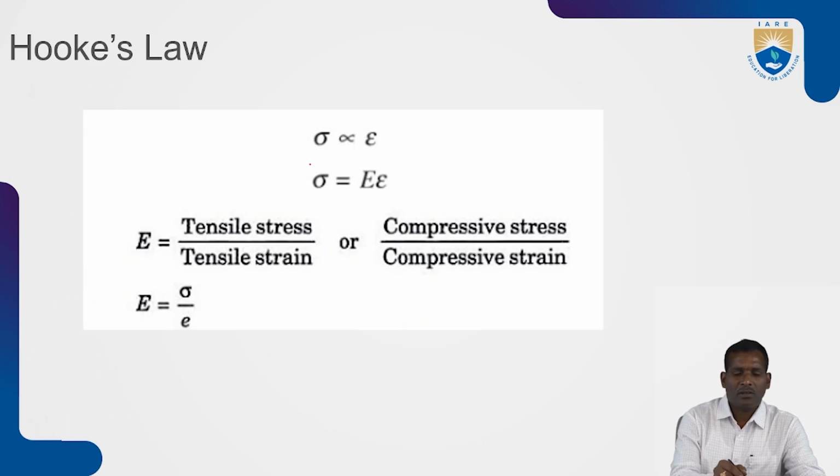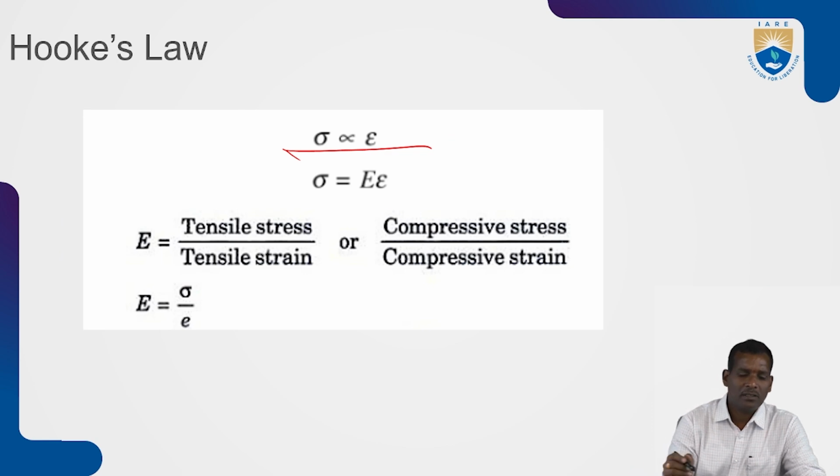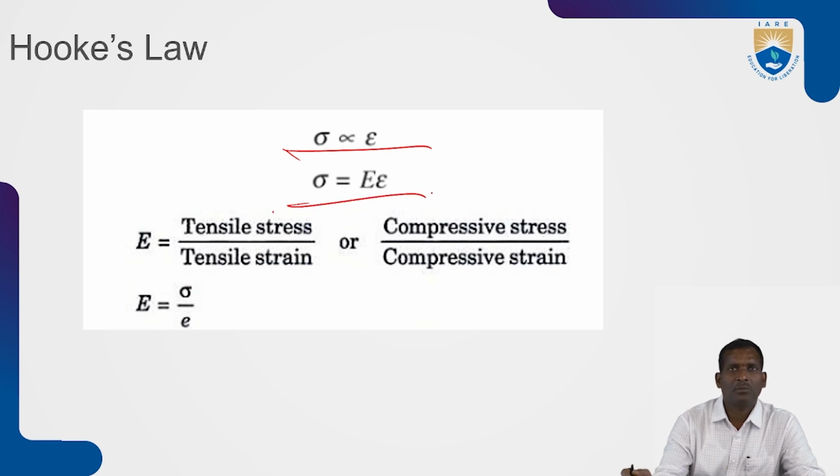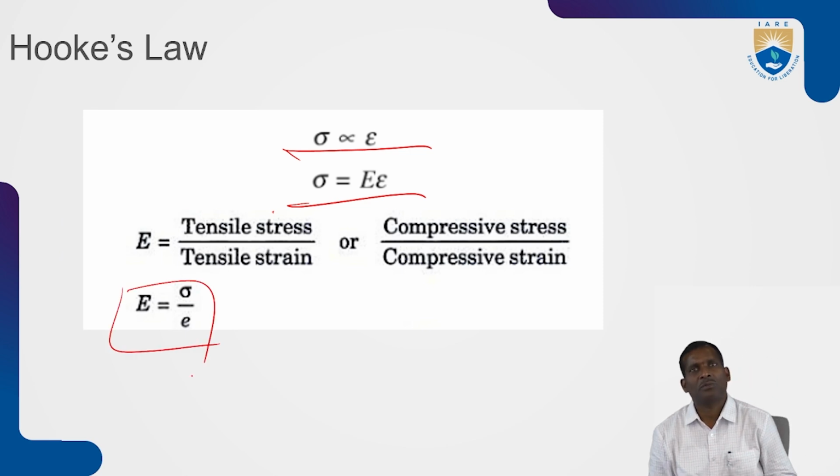So here, sigma directly proportional to strain, you can write like this: sigma is equal to E into strain. E is Young's modulus: tensile stress upon tensile strain, or compressive stress upon compressive strain. So Young's modulus E is equal to sigma upon strain.